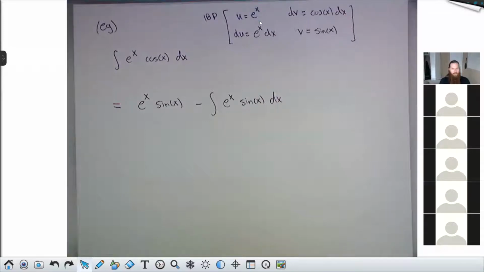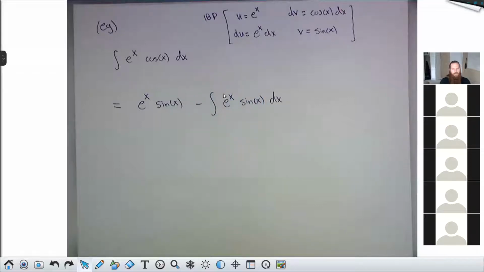We know the derivative of e to the x is e to the x, so the differential of u equals e to the x is du equals e to the x dx. That's how differentials work. And if you integrate cos x dx, you get sine x. And then here, this is u times v minus the integral of v times du.